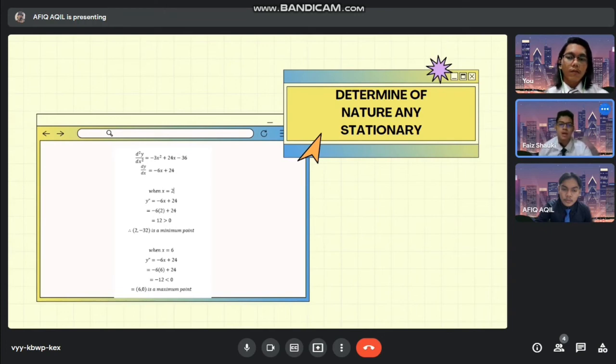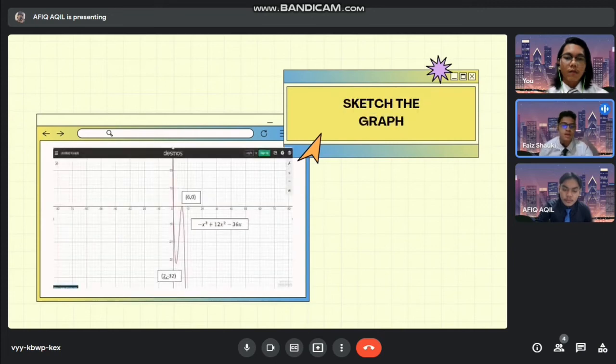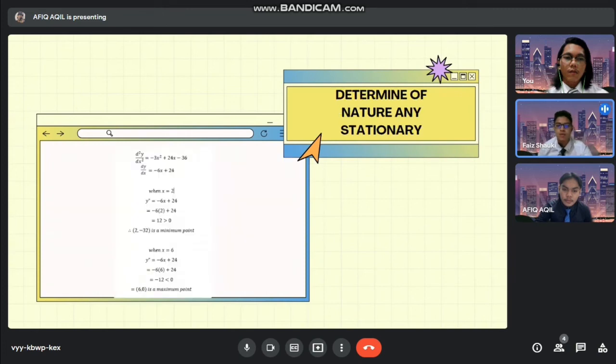We have the stationary points based on part C, which are the coordinates (2, negative 32) and the second coordinate (6, 0). By that, we can substitute the value of x into the equation. For x equals 2, I get 12, which is the minimum point, and for x equals 6, I get negative 12, which is the maximum point.